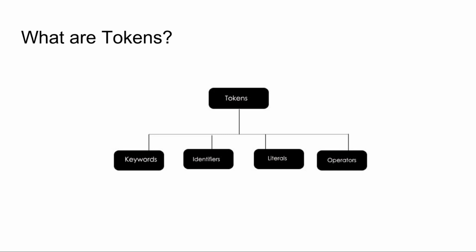The smallest individual unit of a program is known as a token. In Python there are 4 types of tokens. The first one is keywords, the second one is identifiers, the third one is literals, and the fourth one is operators. So now we are going to discuss keywords.